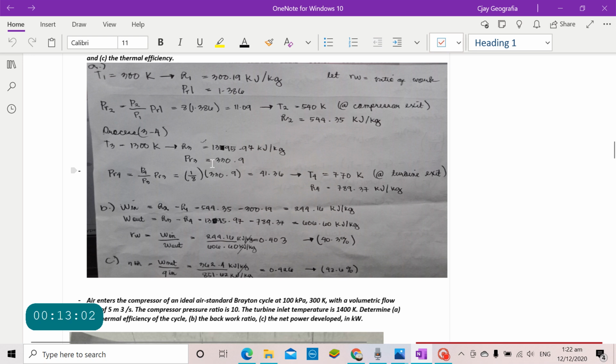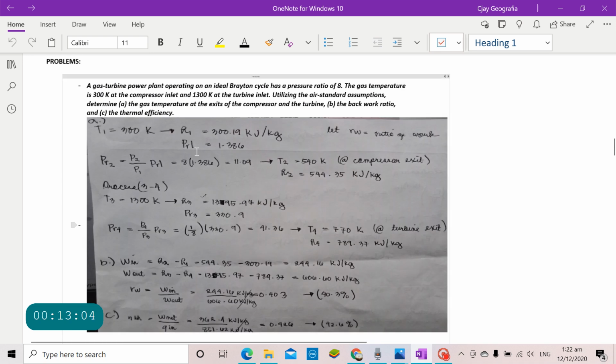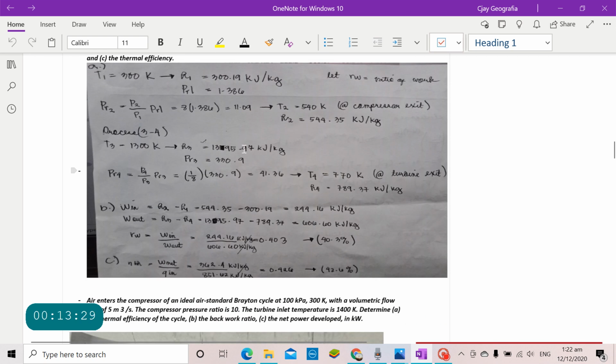For PR4, we know PR1, PR2, PR3, and PR4. That is the most important because the compressor is very responsible for determining the values, since it must have the pressures developed in the compressor, so we have to look for the pressure ratio.